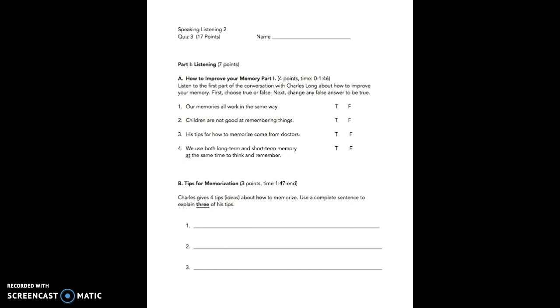I'd like to welcome Charles Long to the studio today. Welcome, Charles. Now, Charles has just published an article in New Science Journal about memorization. It's all about how to make our memory function better. Charles, exam time is on its way and there'll be lots of teenagers tuning in today. Can you give us some advice about improving our ability to memorize? Hello. Yes, of course.